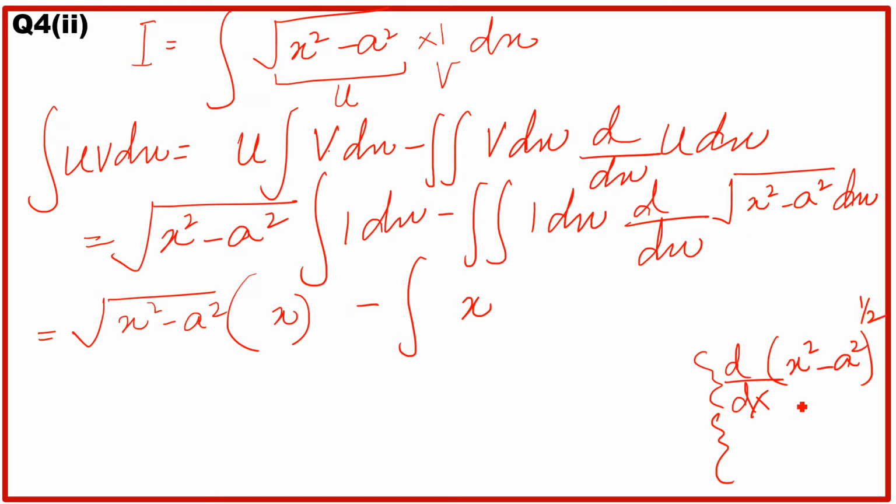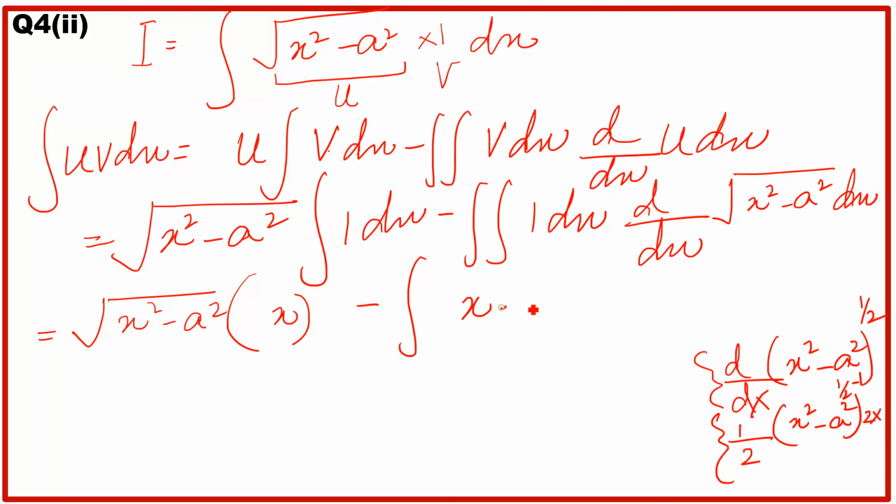This is 1 over 2. The power will become x square minus a square to the power 1 over 2 minus 1. In a derivative you have to subtract 1, whereas in integration we add 1. And then the derivative of this without the power: the derivative of x square minus a square is 2x, because a is a constant and the derivative of a constant is 0. This 2 will cancel this 2, but you do not have to cancel here.